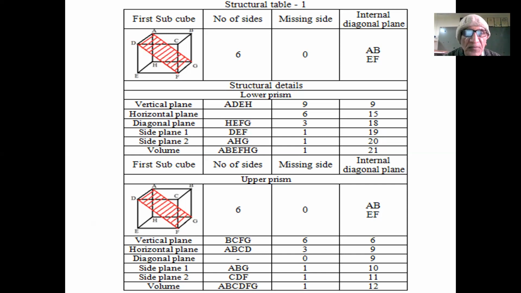The contribution of these 5 components of the second prism as vertical plane has contribution of 6 components, horizontal plane has 3, and side planes and the volume 1 each, making it in all 12 components. Both the prisms as setup of the first subcube make total structural setup of 21 plus 12 is equal to 33.